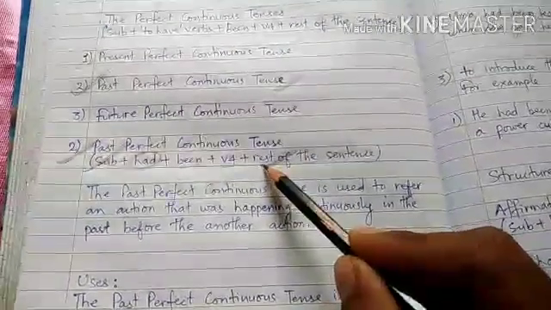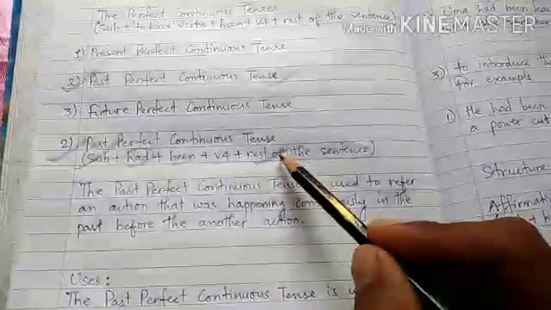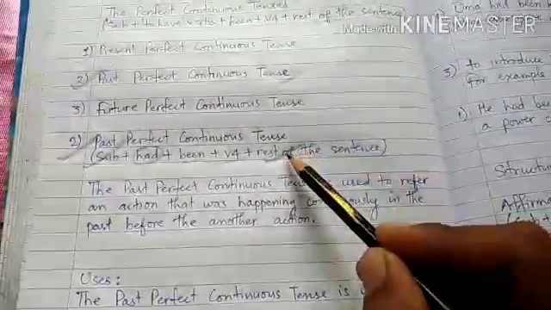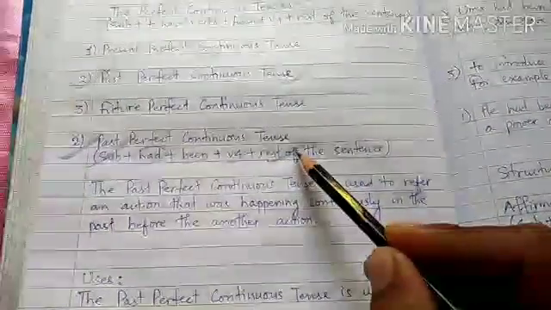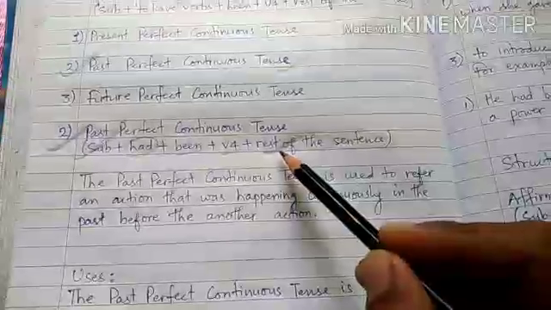See here, whenever we write sentences in the past perfect continuous tense, if it follows another action in the past, then the other action is expressed in the simple past tense.